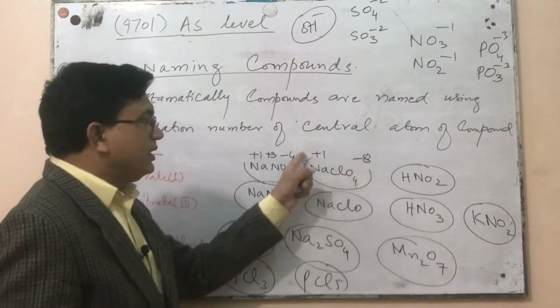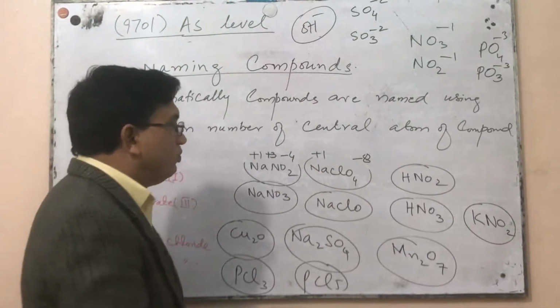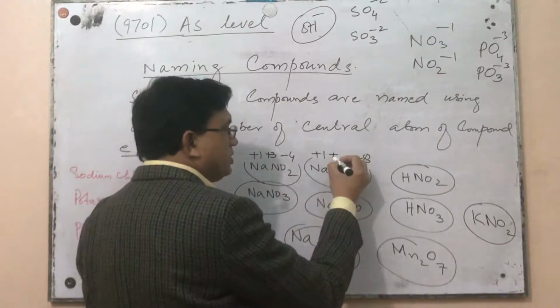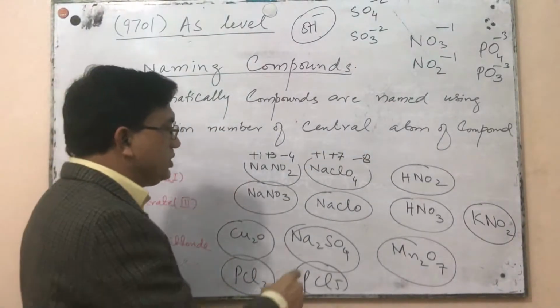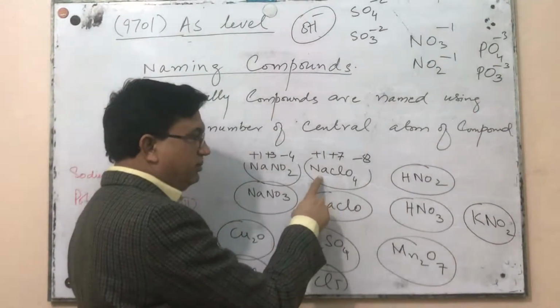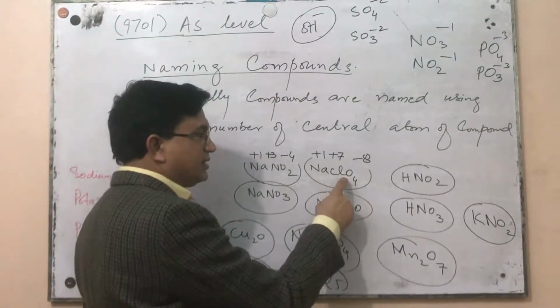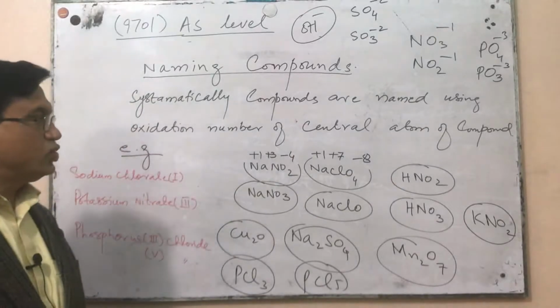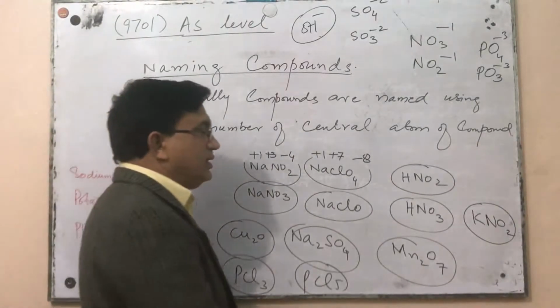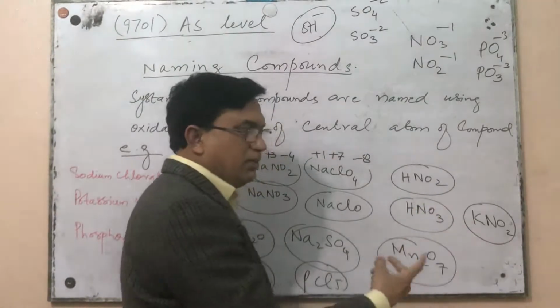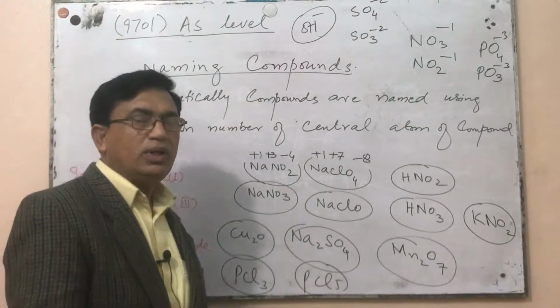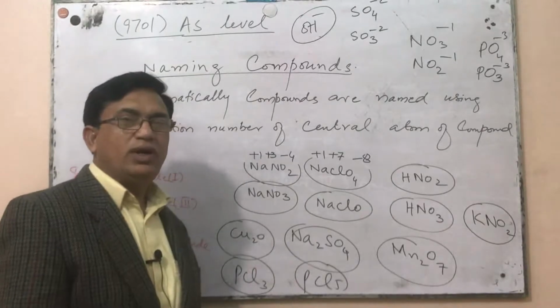Automatically, to make the algebraic sum 0, we will take +7 oxidation state for chlorine. So the name will become, using the oxidation number, sodium chlorate 7.